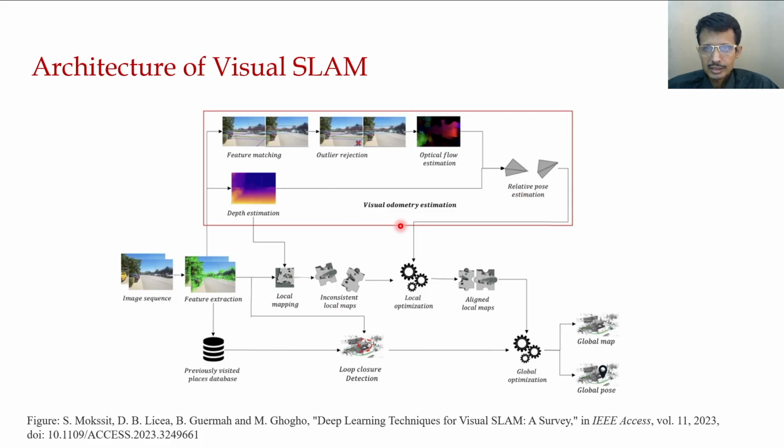So this input comes here for local optimization: first local mapping, inconsistent local maps detected, and local optimization. Then we have aligned local maps, and after that, using loop closure, we get the global optimization, and we get the global map and global pose. So this is a superficial block diagram level view of the architecture.